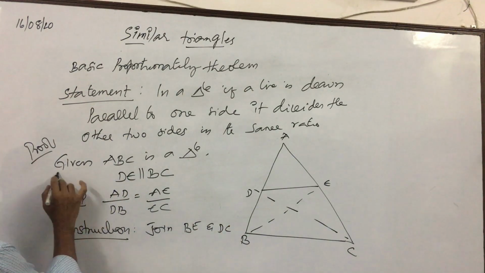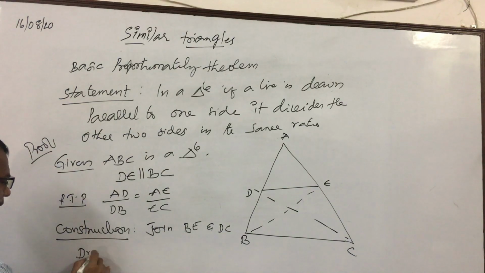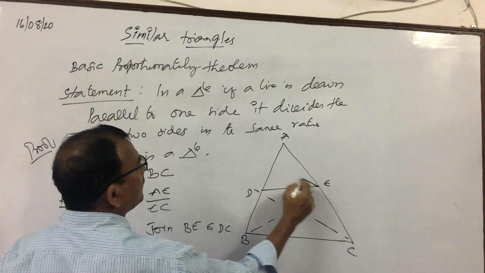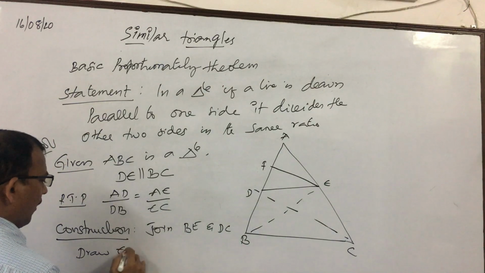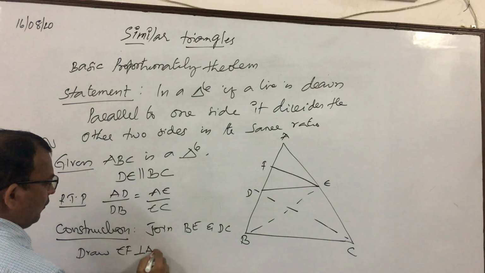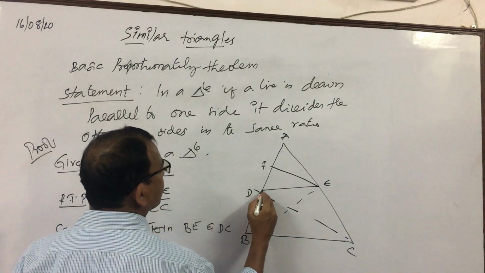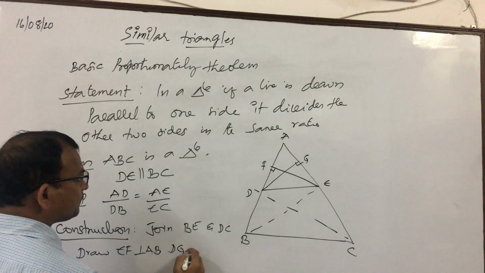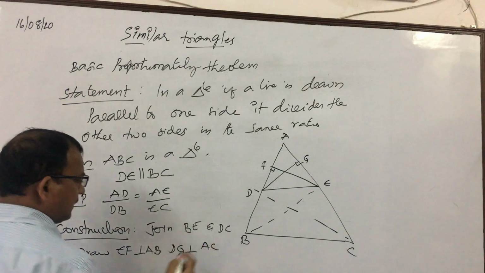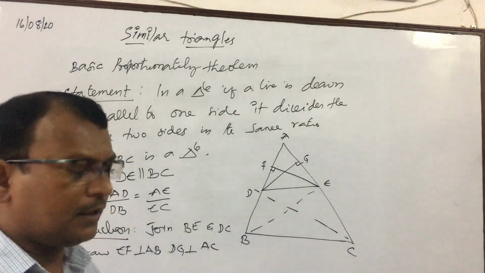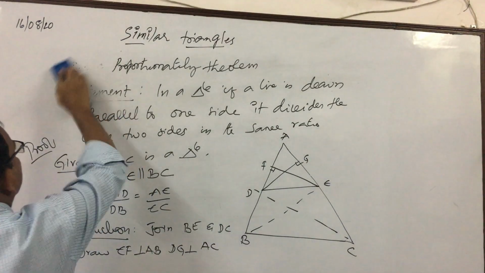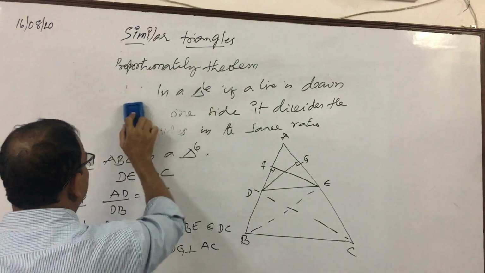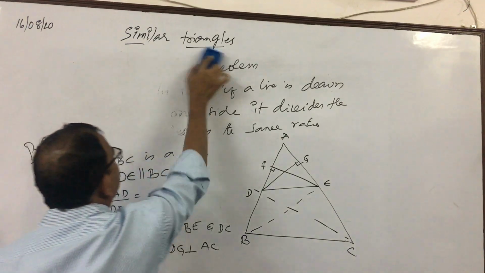Also draw EF perpendicular to AB and DG perpendicular to AC. Next, we have to apply the concept of area of triangles.